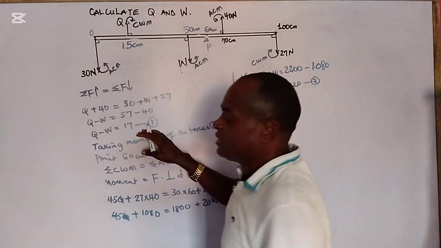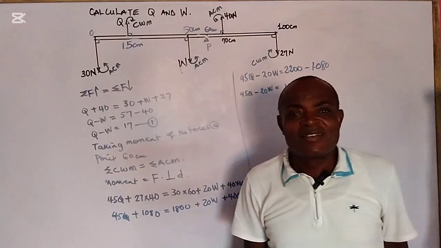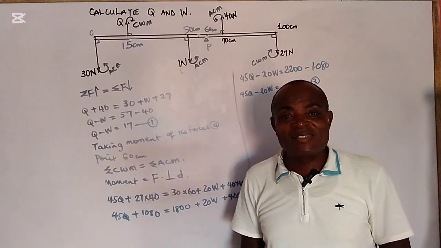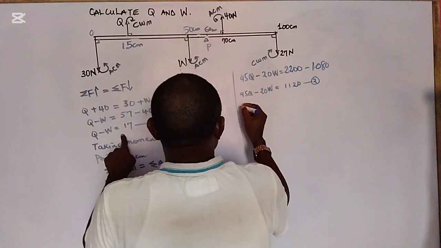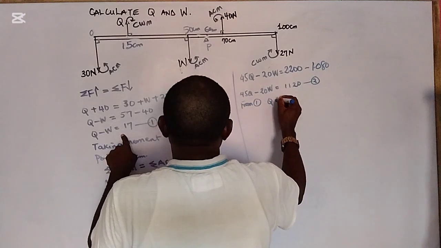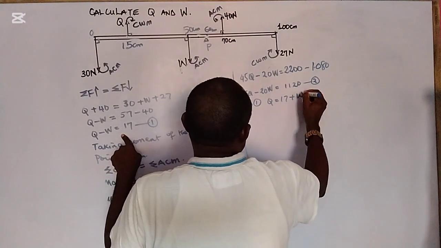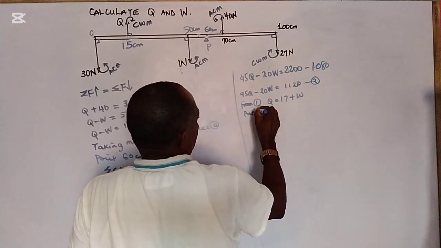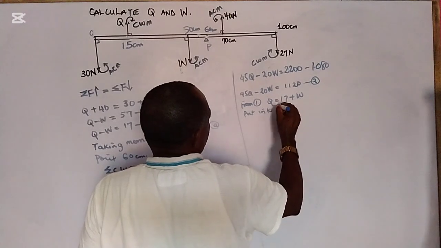So we are meant to solve equation 2 and equation 1 simultaneously. So that's a simultaneous equation. From mathematics knowledge, we should be able to do that without stress. From equation 1, our Q is equal to 17 plus W. So we put this value into equation 2.